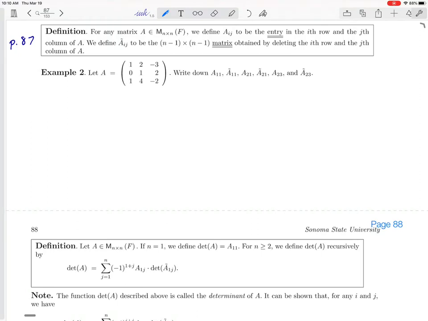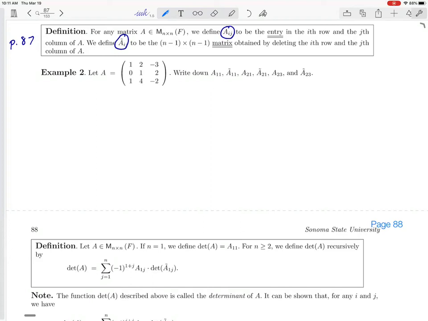All right, so the first part of this definition, notice we're starting with an n by n matrix. Aij is notation that we've already used just to represent an entry in the matrix that's in the ith row and the jth column, so nothing new there. What is new is the second piece, A tilde ij.